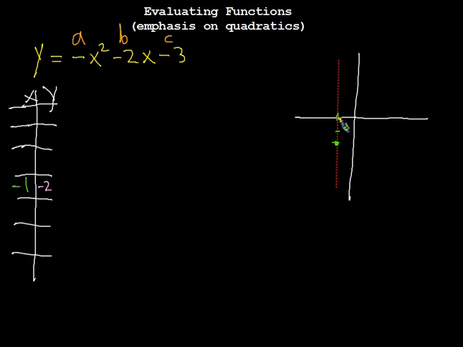So maybe we'll pick values like 0 and 1 and -2 and -3. Let's write this out so you can see it: -3, -2, 0, 1. These are the x values that we'd like to try, because if we put dots down on the graph here, wherever they go, we'll see what our graph looks like.